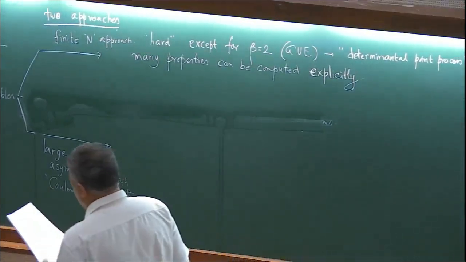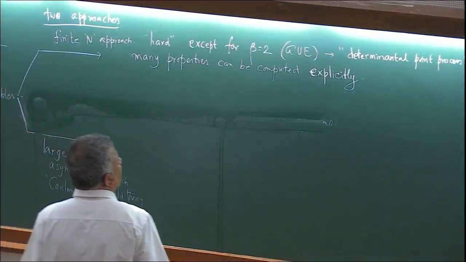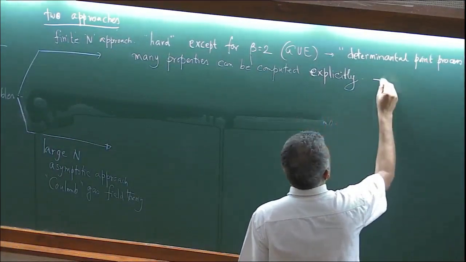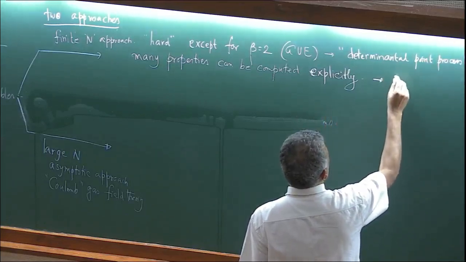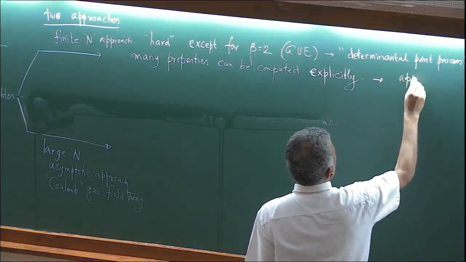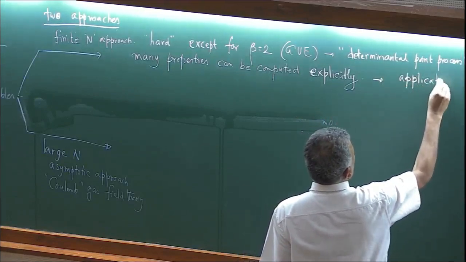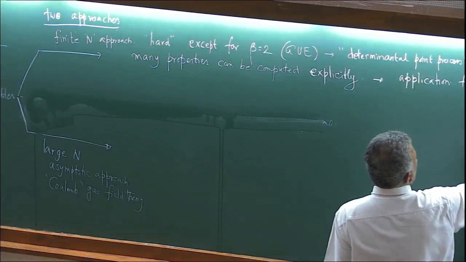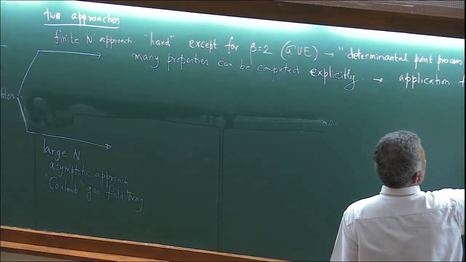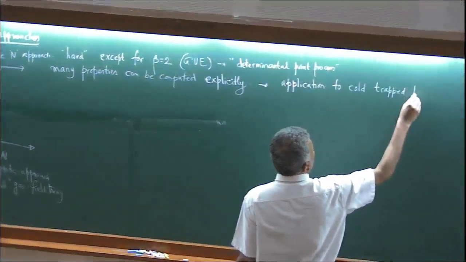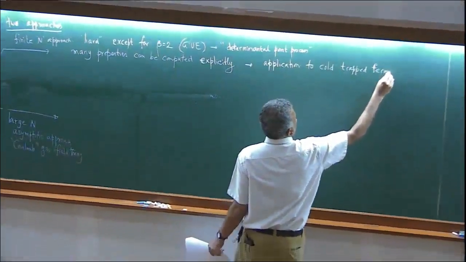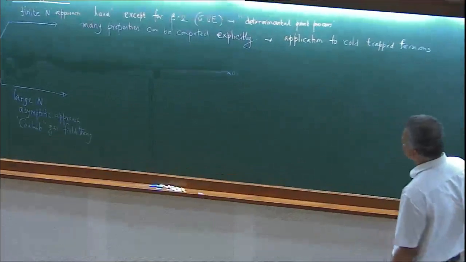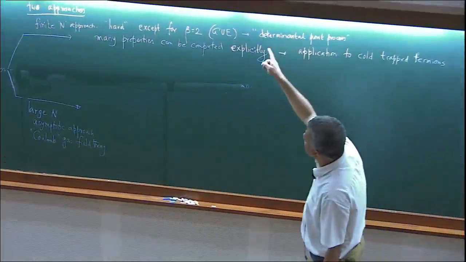So in some cases here, I don't have time to do this, but if you are interested in a particular application to cold atoms, which I mentioned in my first lecture, cold trapped fermions in a harmonic potential. So it's a quantum mechanical problem. But this problem you can map exactly to the GUE problem, and then you can use the properties of GUE.